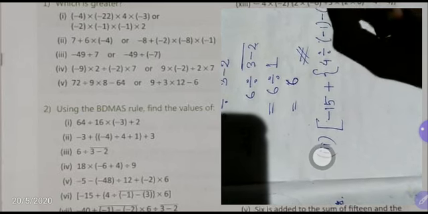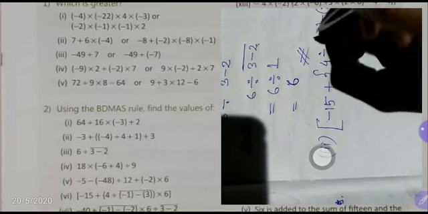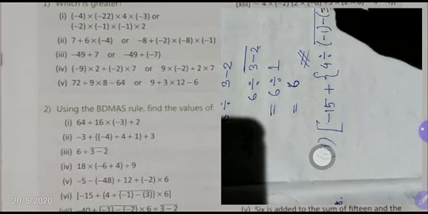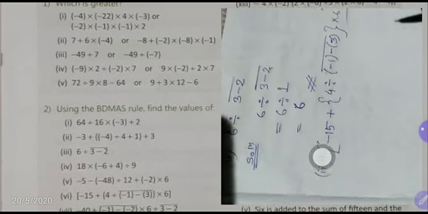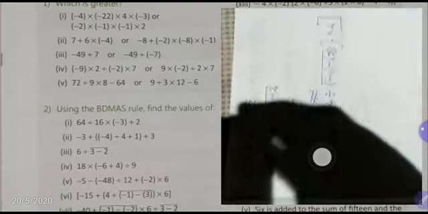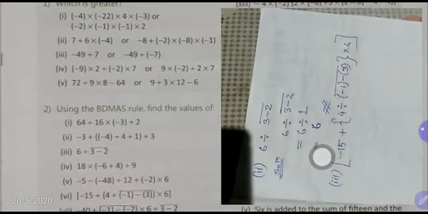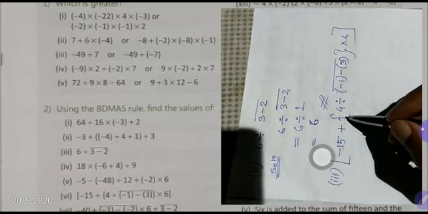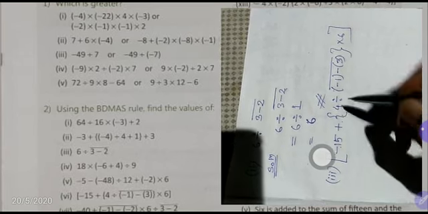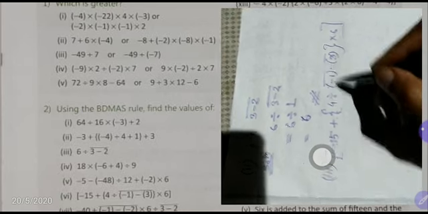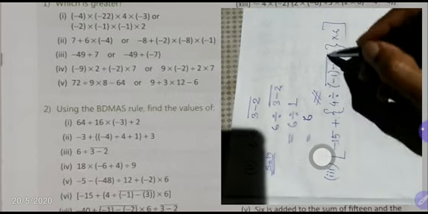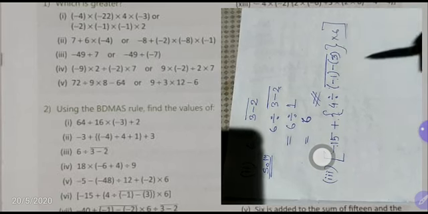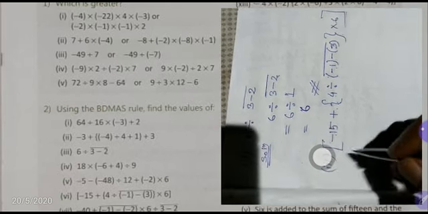The second bracket ends here, this vinculum is there, the bar is there, into 6, and the third bracket ends. Now we can see minus 15 plus, the second bracket, or curly bracket you can say, starts here, 4 divided by minus 1 minus 3 bar, the second bracket ends, into 6, and the third bracket ends.